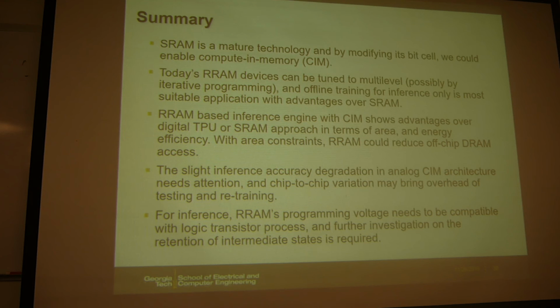However, the key challenge, as we discussed, is the inference accuracy degradation because of the process variation inherent to your analog computation. This is a key challenge. There are some possible mitigation strategies. For example, you can calibrate each chip. That means after fabrication, you have the process variation, and different chips may behave differently.